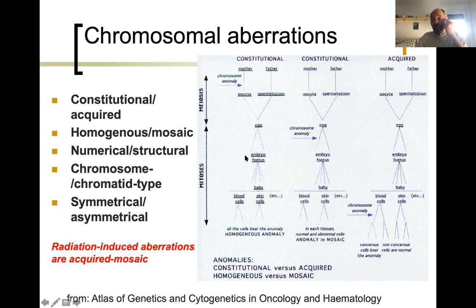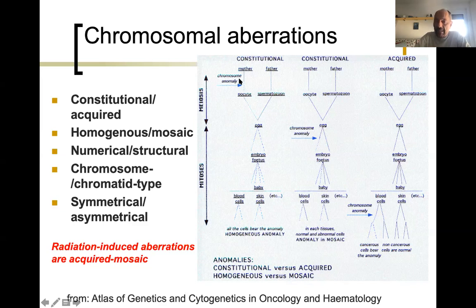So generally speaking, the aberrations can be divided into constitutional and acquired. Constitutional are those that are already present at birth, while acquired are those that come later, when you have differentiated cells, so in the adult organism. Then they can be homogeneous or mosaic. Homogeneous aberrations mean that every cell in the organism has the same aberration.